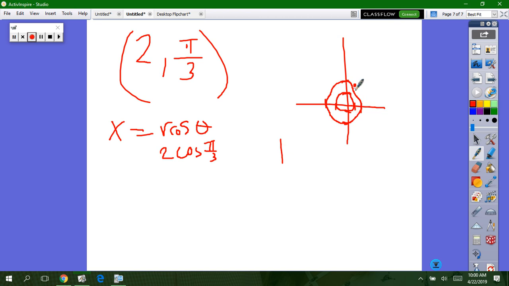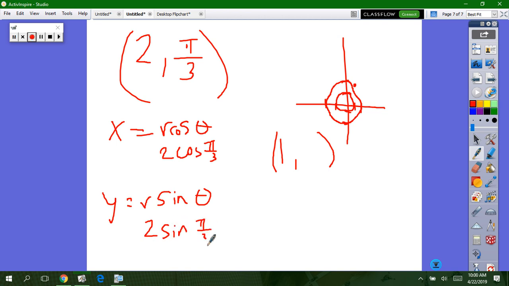Does that look like kind of 1? It does, doesn't it? So 1, now how do you guys think I'm going to find the y value? Y equals r sine of theta. So I plug the r in, sine of pi thirds. So that's 2 times root 3 over 2, which is just what?